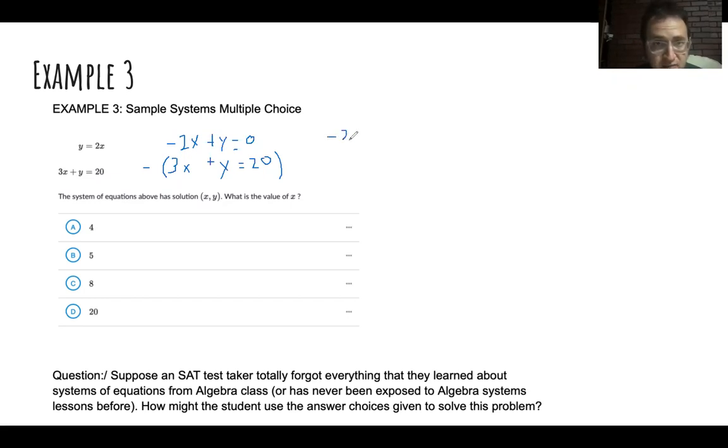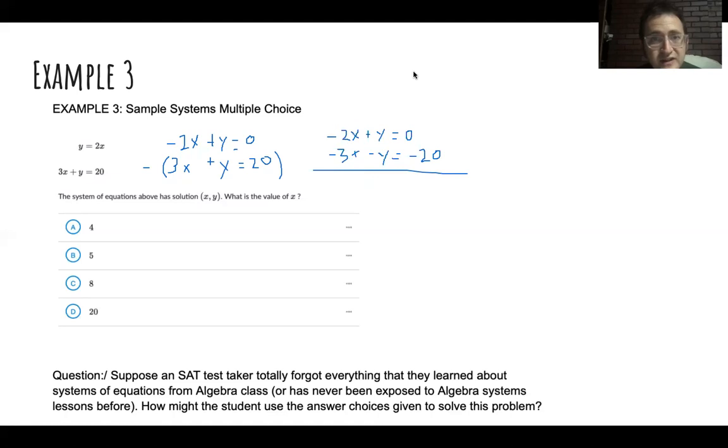So I have, on top, negative 2x plus y equals 0. And then on the bottom, I have negative 3x minus y equals negative 20. And these cross out. So actually, they don't cross out.